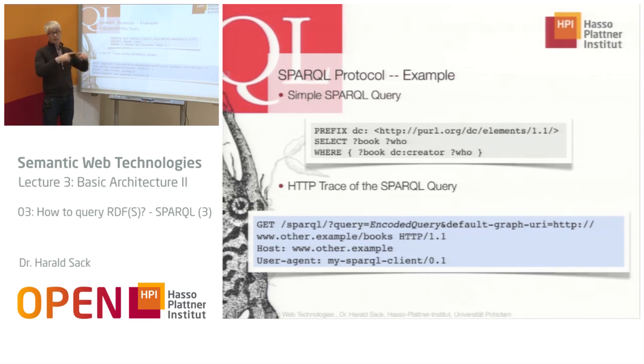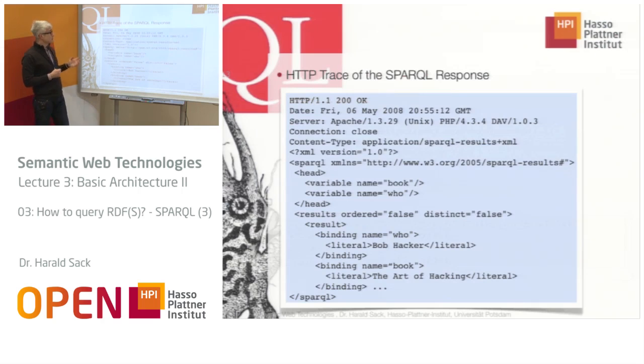Then, in return from the SPARQL endpoint, you will also get an HTTP response. This is the SPARQL response of the HTTP response. In the case your SPARQL query was a success, you will get a 200 code, which means everything is okay. You will receive an answer within this HTTP response.